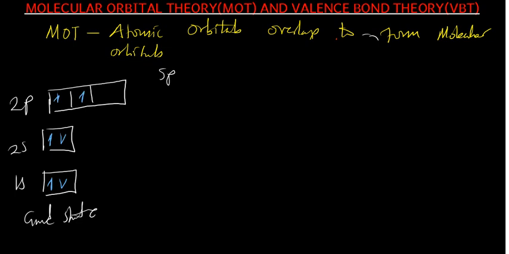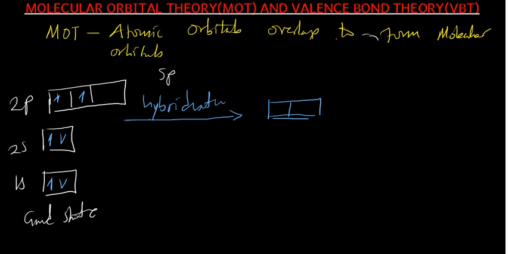So when this undergoes sp hybridization, only one s is going to react with one p, and so the hybrid orbital is going to be in the very middle because it is 50-50. So after hybridization, only one s and one p come together, and then notice that two of the p orbitals are going to remain.